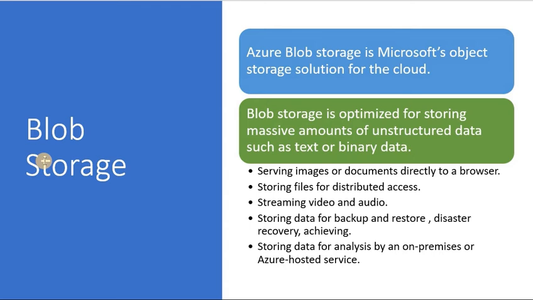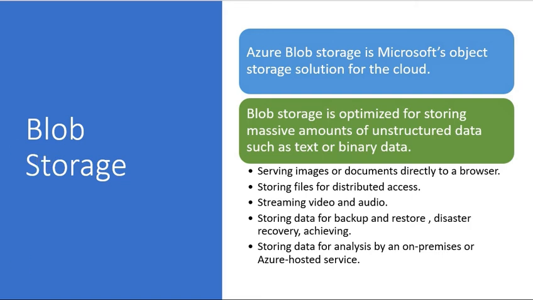Azure Blobs can be used for storing files for shared access, video and audio streaming, storing data for analysis services, writing to the log file, or storing data for disaster recovery, backup, and archiving.